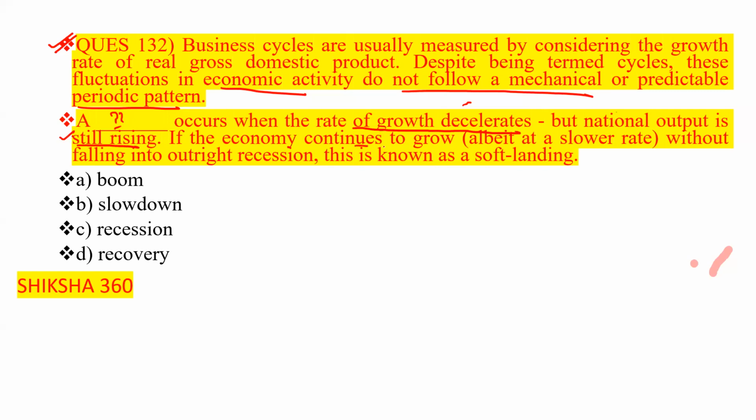If the economy continues to grow, even at a slower rate, without falling into outright recession, this is known as a soft landing. So what will it be: boom, slowdown, recession, or recovery?